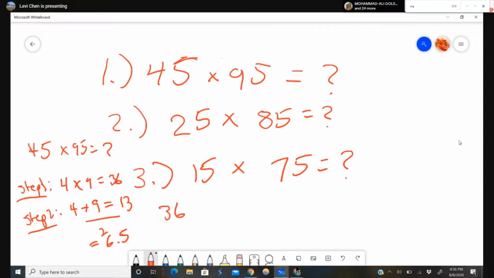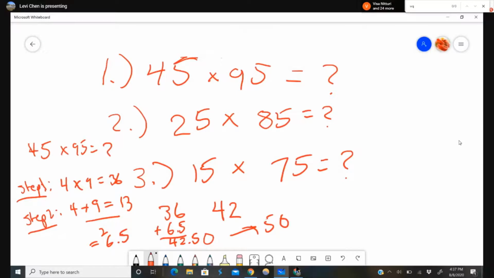36 plus 6.5 will give you 42.5. I'm running out of space. All right. So then, oh, okay. This point 50 actually becomes a 50. Here's a little bit confusing.